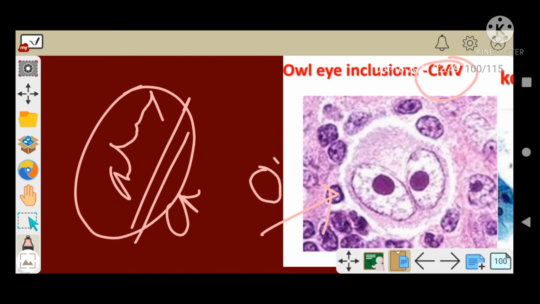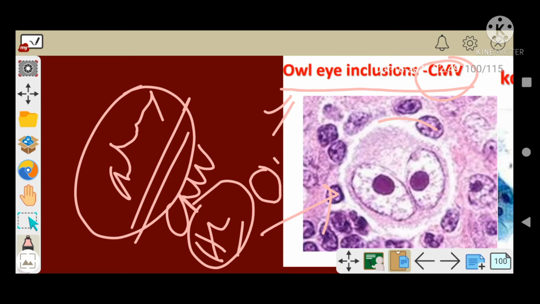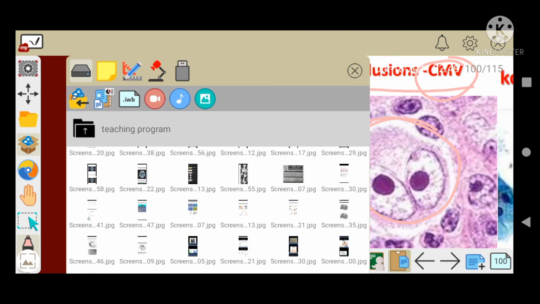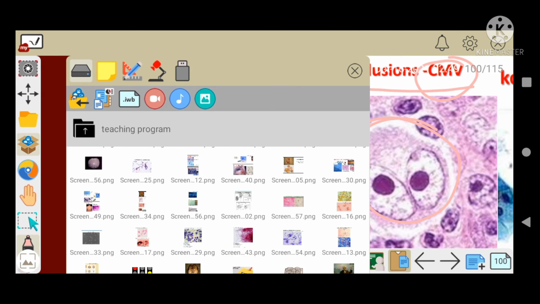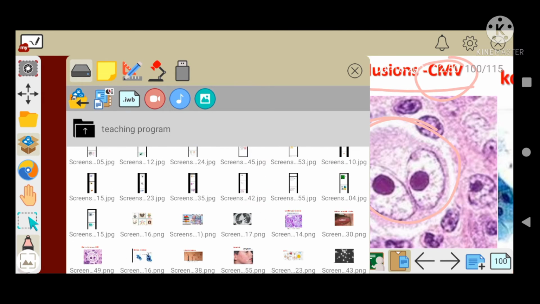One is CMV, and then Hodgkin's lymphoma, but we will take it in patho. Just remember owl's eye inclusion CMV looks like this, and is seen in transplant recipients with features of pneumonia. Remember, these points have been asked, very important. Just remember the scenarios, right?